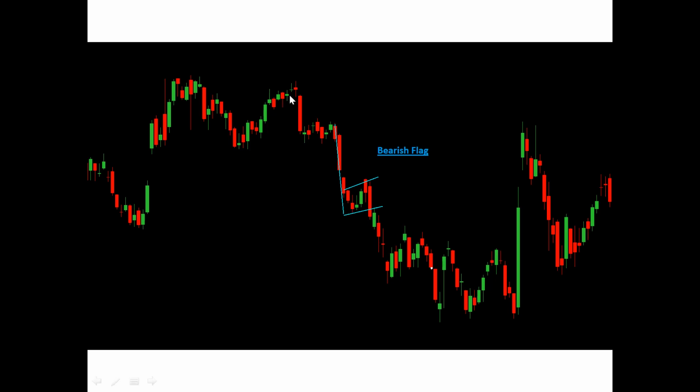But that can be one flag, and immediately again we have a second flag here. This is an impulse down move, right? Then there is a consolidation here, and when this trend line is broken towards the downside, we have a huge downfall, right? So this is a bearish flag.